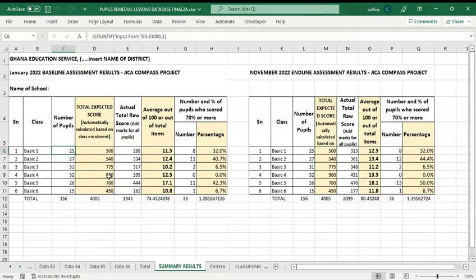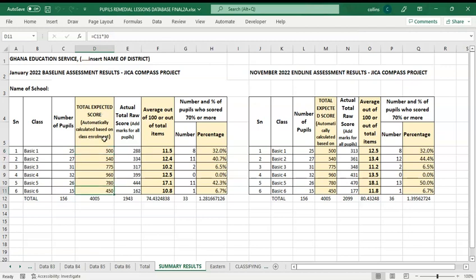It's expected that should all the pupils get all the answers correct, out of the 20 questions multiplied by the number of pupils, which is 25, you should get 500. This means that the expected score for basic 1 should be 500, basic 2 540, basic 3 775. It goes on and on up to basic 6.